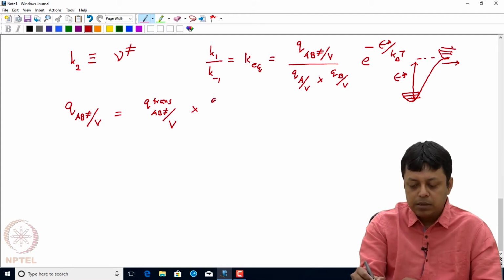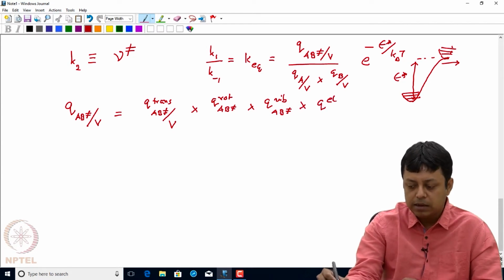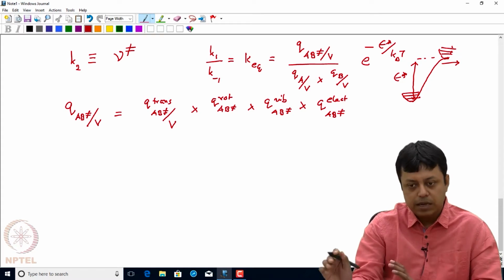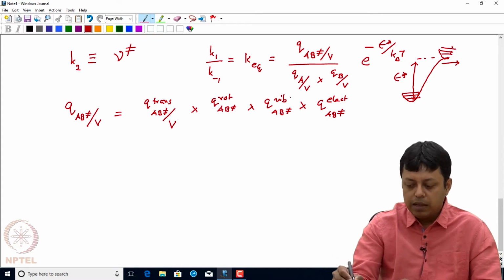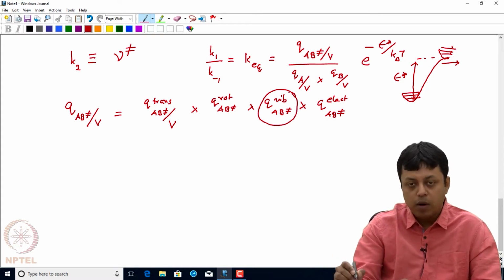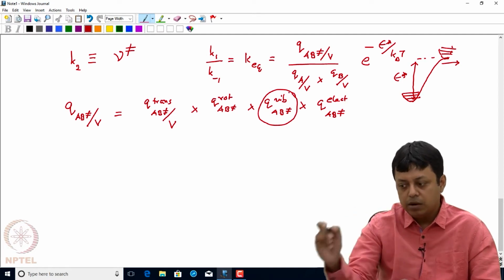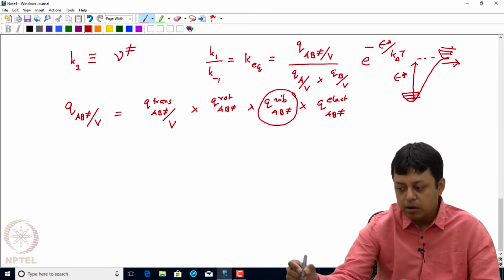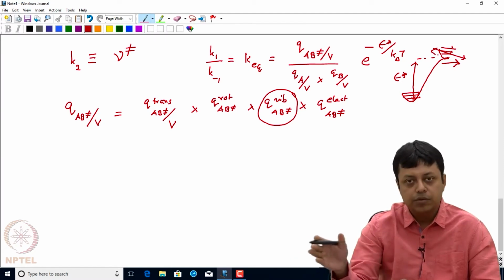It will be times Q rotation of AB dagger, then Q vibration of AB dagger, and then there will be also electronic, but usually in this case I will say the electronic partition function is 1, but we are just keeping it for the time being. Now you can think among all these vibrations, one vibration is along the reaction coordinate, along this arrow, and all other vibrations are orthogonal to this reaction coordinate.